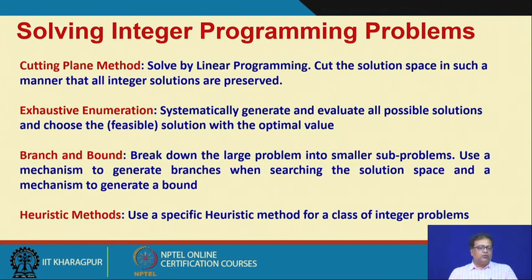We shall rather move over to the other very important solution technique called the branch and bound method. The branch and bound technique breaks down a very large problem into smaller subproblems. But there is a difference. We have solved dynamic programming problems in our initial lectures.